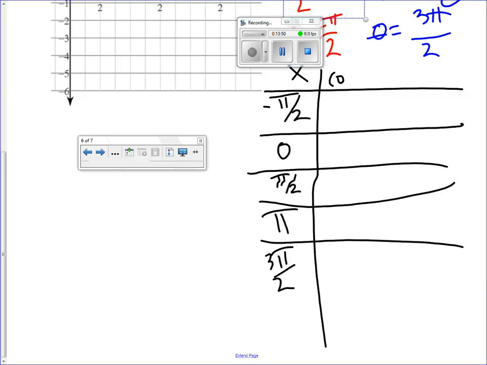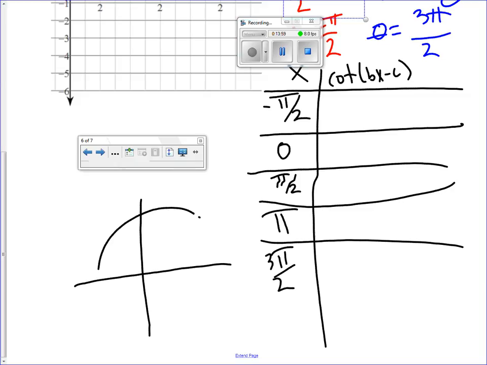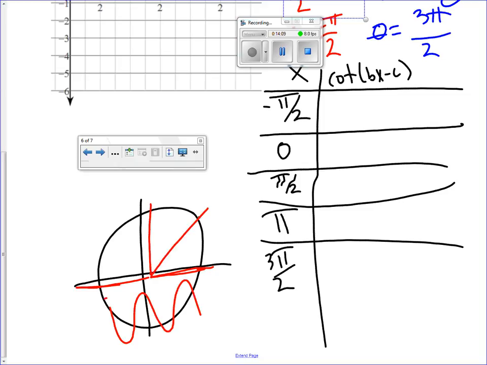And now here, we're going to take care of the cotangent of the argument. So again, we want to think of our unit circle. We're only going from 0 radians to pi radians. We're ignoring the bottom half of the circle. But we are still cutting it into fourths. So we're going to look at those places.